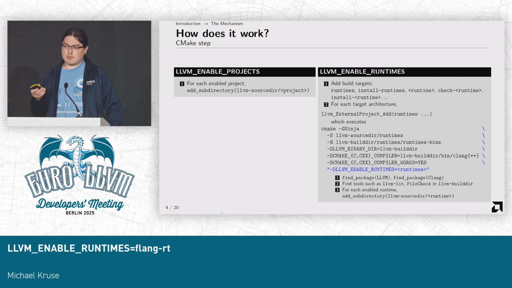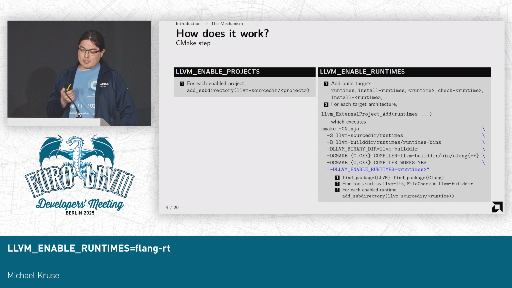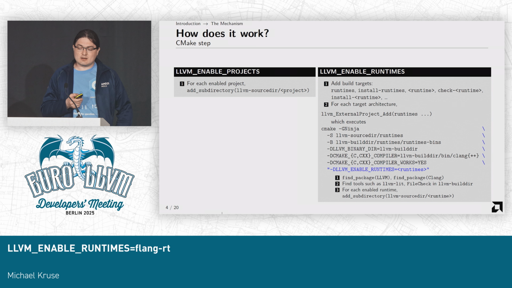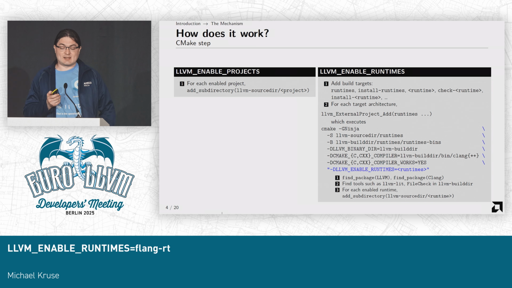It registers some artificial pseudo targets, and for each of these targets it does an llvm_ExternalProject_Add, which internally runs CMake within a directory of your main build directory itself. Concretely, it's the runtimes/runtimes-bins directory within your own build directory. So it's an entire new build tree there.